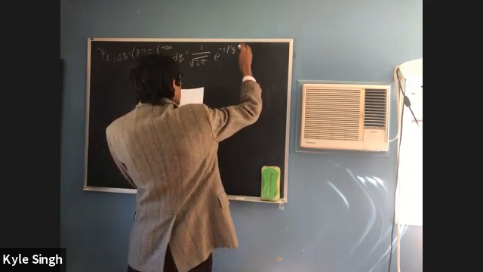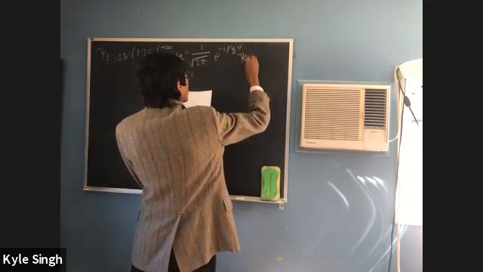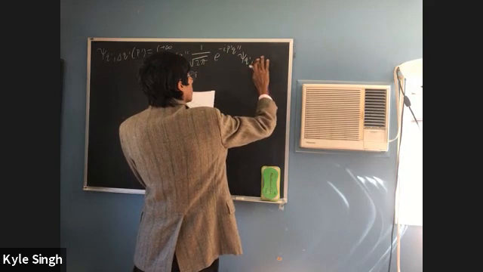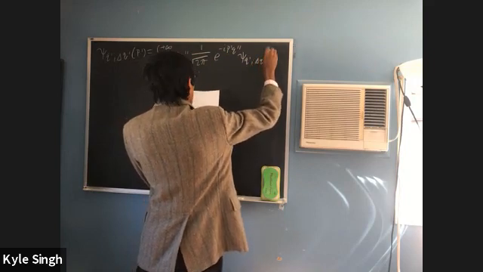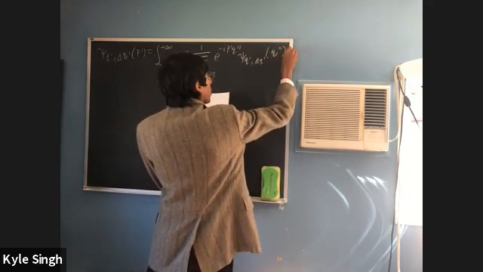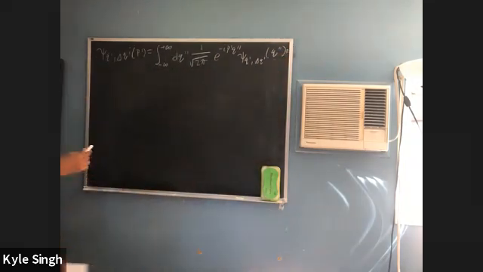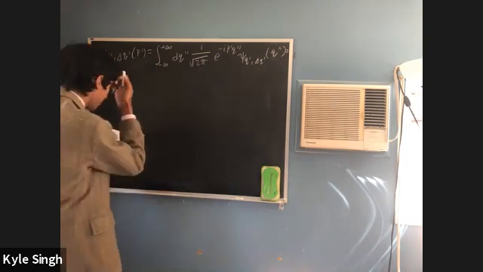Q double prime, Q prime, delta Q prime of Q double prime. So this is just the expression for the Fourier transform. And then let's do this integral and see what we get.